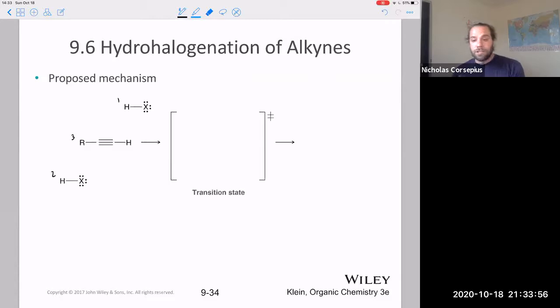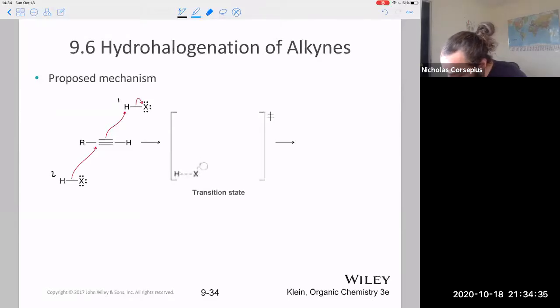The first step is just like what we saw with our alkenes. What role do pi bonds like to play? They can either be nucleophiles or bases. So we have our triple bond reaching up and grabbing this proton here. That breaks that bond there. So this would be a proton transfer. But at the same time, we have our halogen attacking as well. Both of these steps are happening at the same time. Both of these halogens, 1 and 2, are involved in that first step.